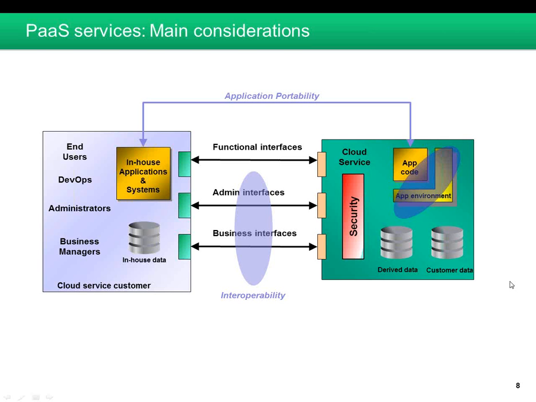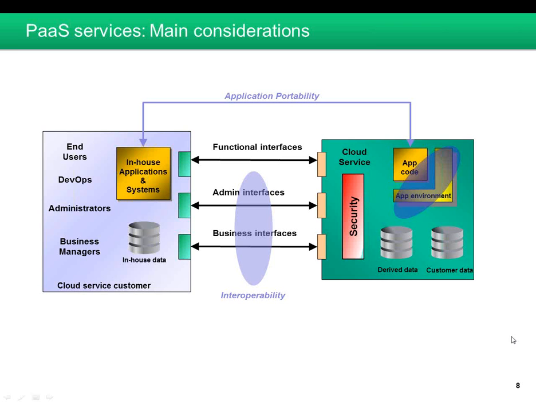And the app code may have dependencies on a particular set of services. So it's vital to know that the set of services available within the cloud provider matches the set of services available within the customer's on-prem environment, and that the APIs for these services are consistent.